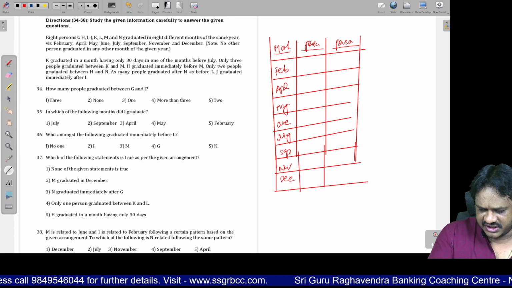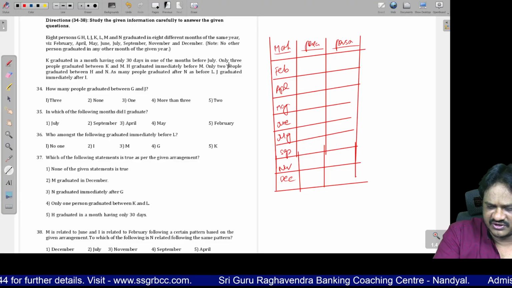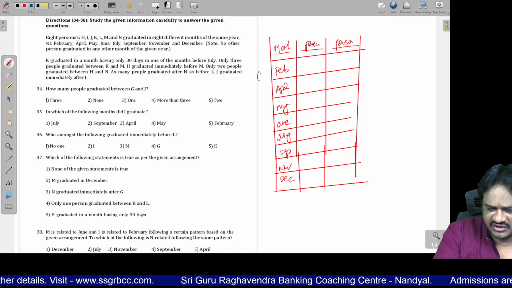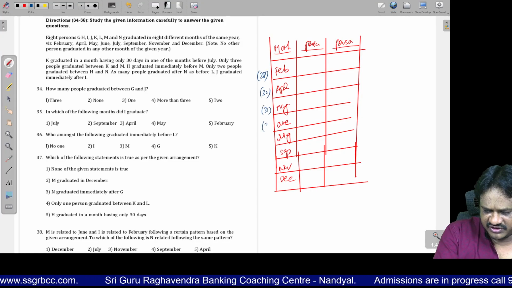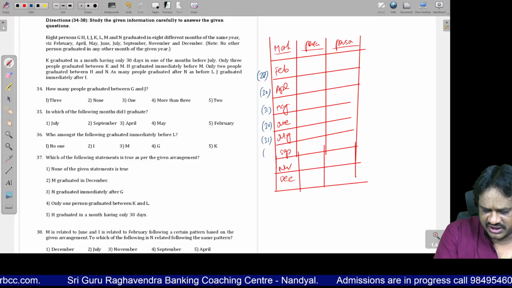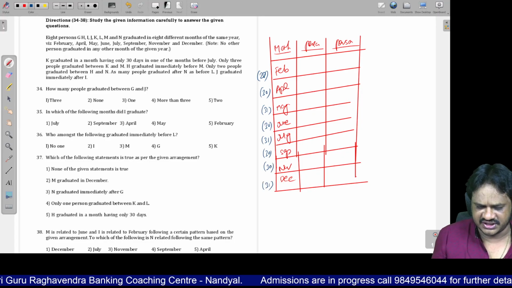These are the given months. And let us write down the number of days. February is having 28 days. April 30 days, May 31, June 30, July 31, September 30, November 30, December is 31.